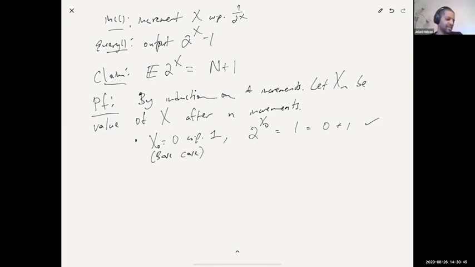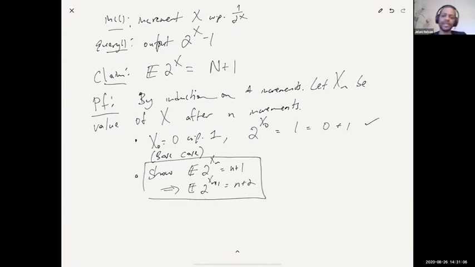So this is an inductive proof. Now we'll show the inductive step: if the expectation of 2 to the xn is equal to n plus 1, that implies that the expectation of 2 to the xn plus 1 is equal to n plus 2. Does that make sense? So what do we know?